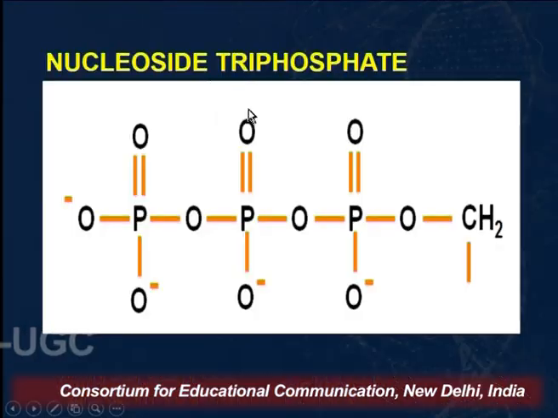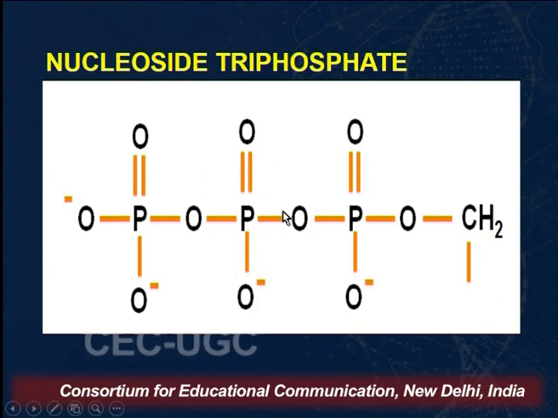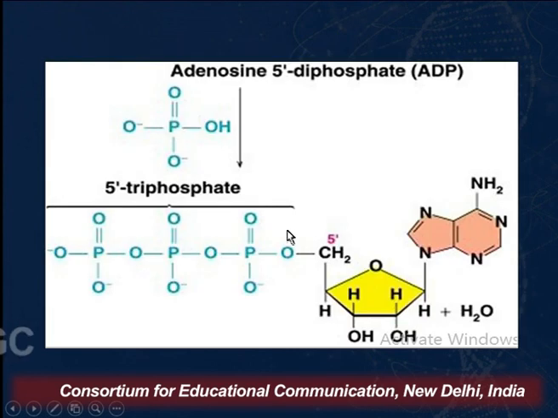Here you can see the structure of adenosine triphosphate. This phosphate group has undergone a reaction with adenosine 5' diphosphate, ADP, and when it undergoes this reaction we get another anhydride bond and we get a triphosphate.